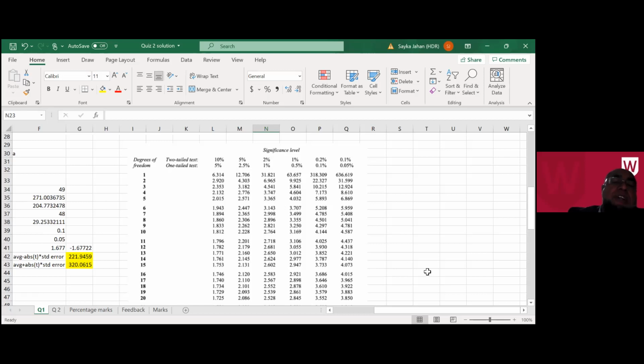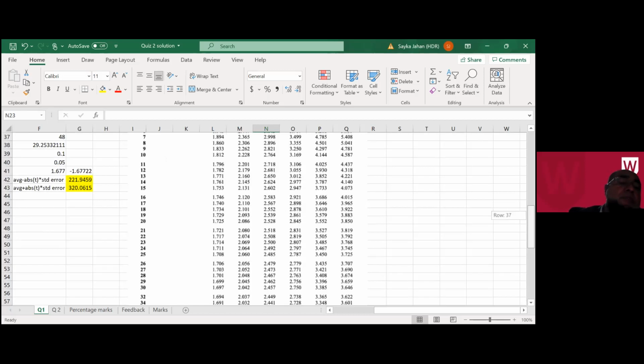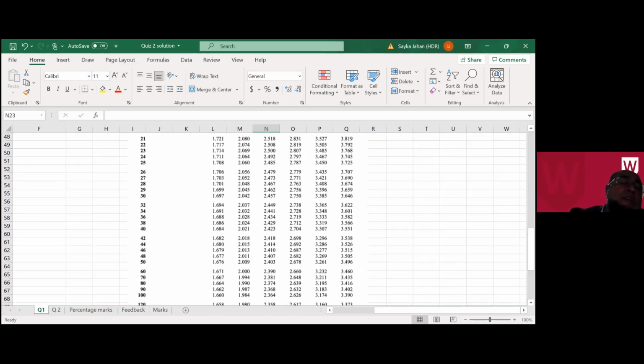But in our flood frequency analysis, we never know the population, it's a sample. We have to use the T distribution, and the T distribution depends on your significance level and the degrees of freedom. So your degree of freedom, your 50 is the n, then n minus 1, 49? No, 48.